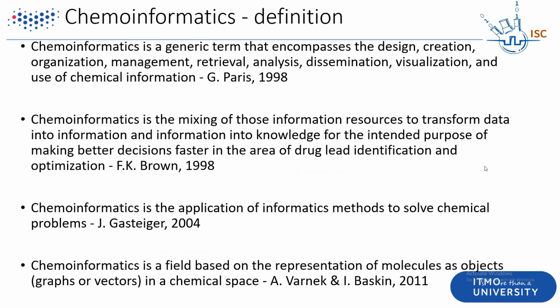Okay, the definition of chemoinformatics. Chemoinformatics is the generic term that encompasses the design, creation, organization, management, retrieval, analysis, visualization, interpretation, and processing of the chemical information, different chemical information.